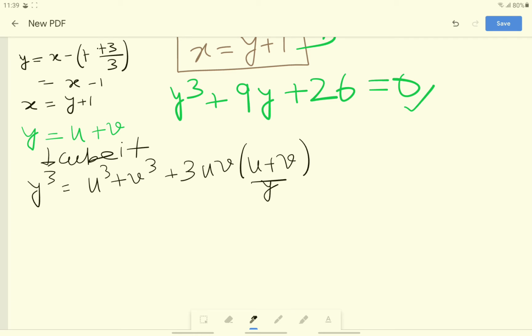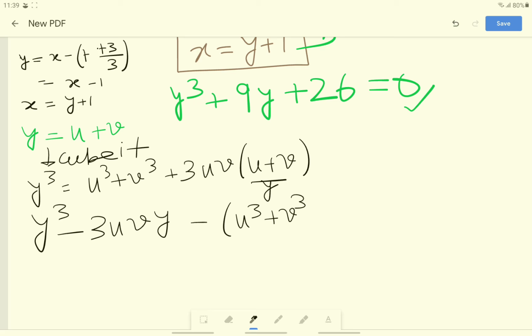So y power 3 minus 3uvy minus (u cube plus v cube) equals 0. We have this equation and we have the other equation. By comparing these two equations, we can find the values of u and v.